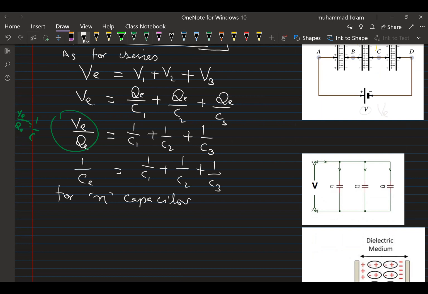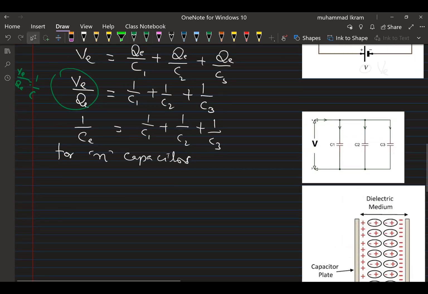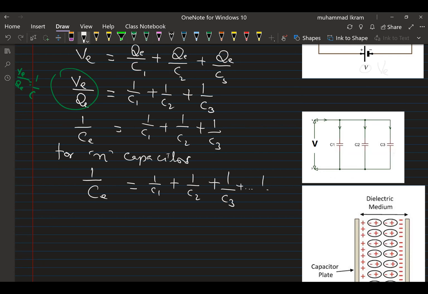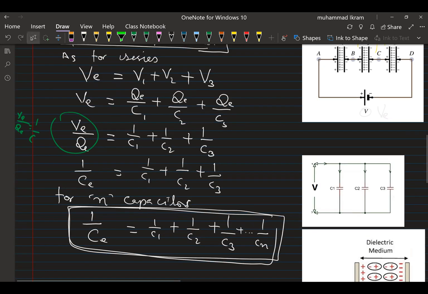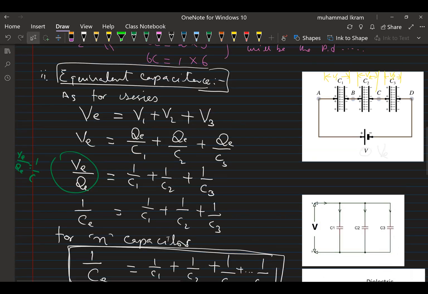Generalizing this result for n capacitors, C equivalent is given by 1 over C equivalent equals 1 over C1 plus 1 over C2 plus 1 over C3 plus up to 1 over Cn. So what does this mean? The reciprocal of the equivalent capacitance is equal to the sum of the reciprocals of the individual capacitors.